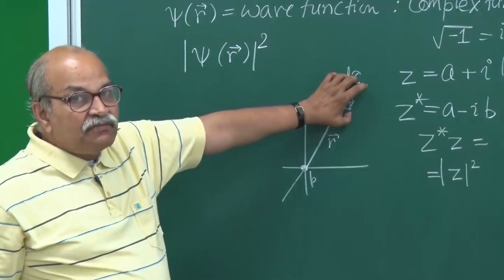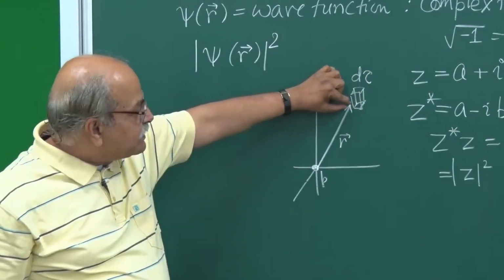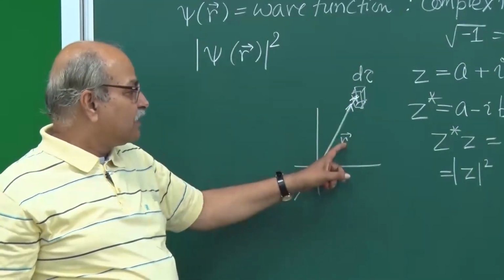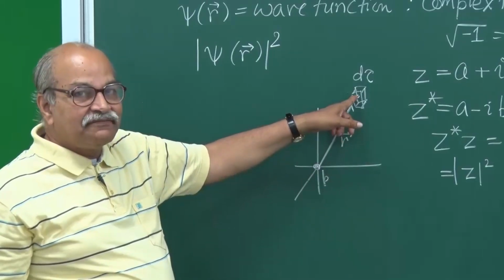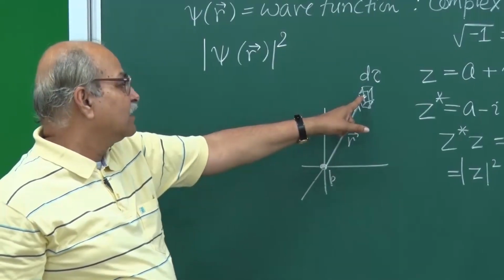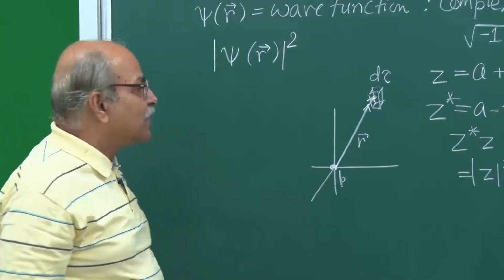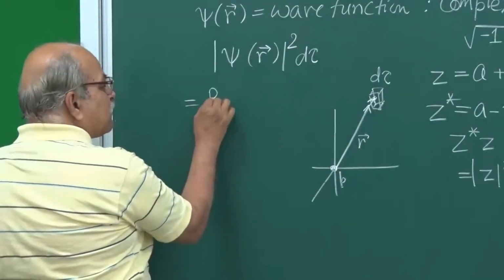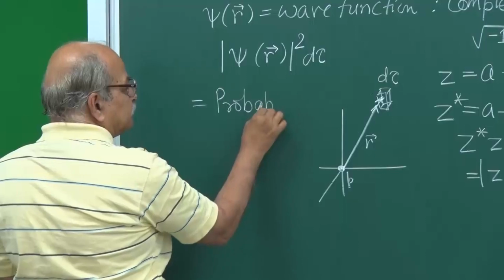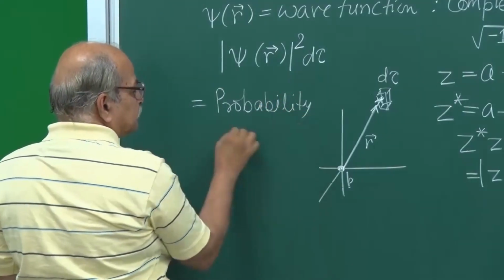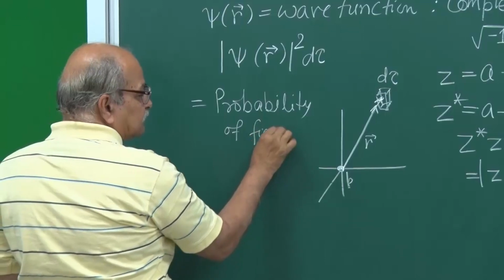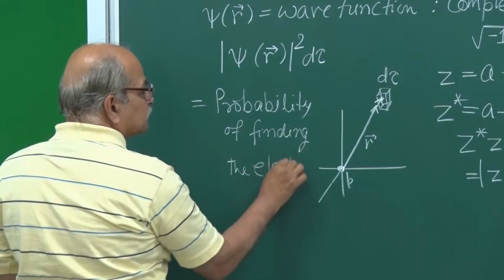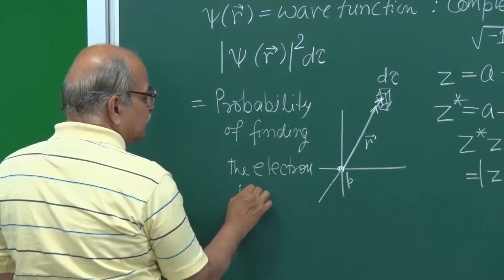So, you have a small volume d tau constructed at this point, and that point has position vector r. So, there is some value of this wave function here, that is psi(r), and make this mod psi(r) square multiplied by this d tau. This gives me the probability of finding the electron in this d tau.